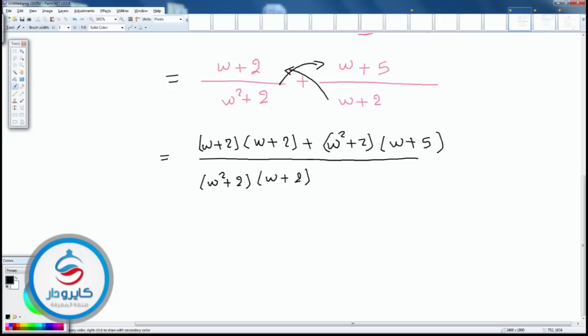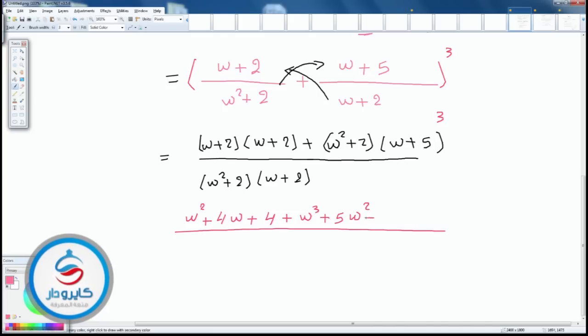By expanding the numerator, all to the power of 3, don't forget to write the bracket. So we have omega square plus 4 omega plus 4, and this is omega power 3 plus 5 omega power 2 plus 2 omega plus 10.